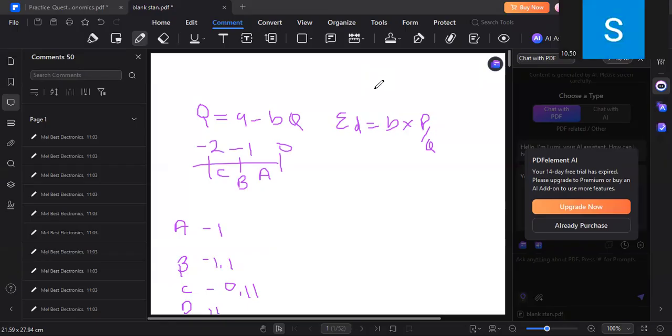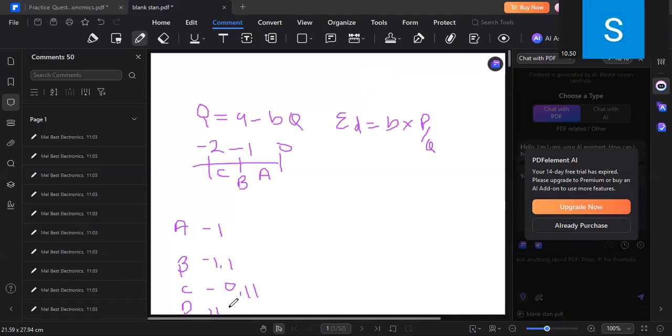It's elastic. Elastic, yes. And C? C is inelastic because it's between 0 and 1. Is that -1 or 11? It is negative 0.11. Okay, so it's inelastic.